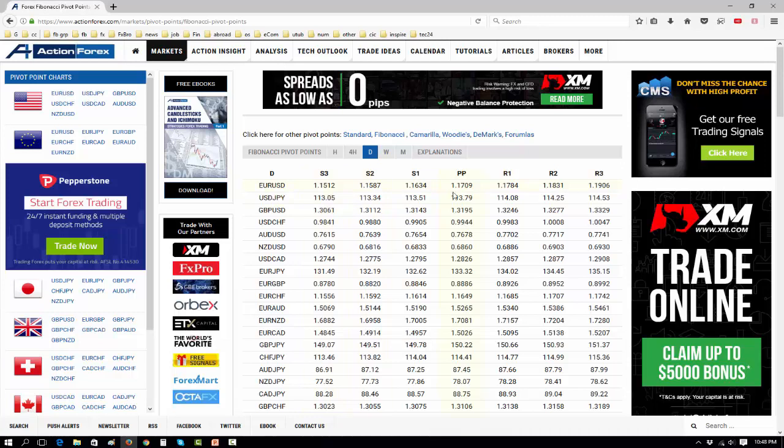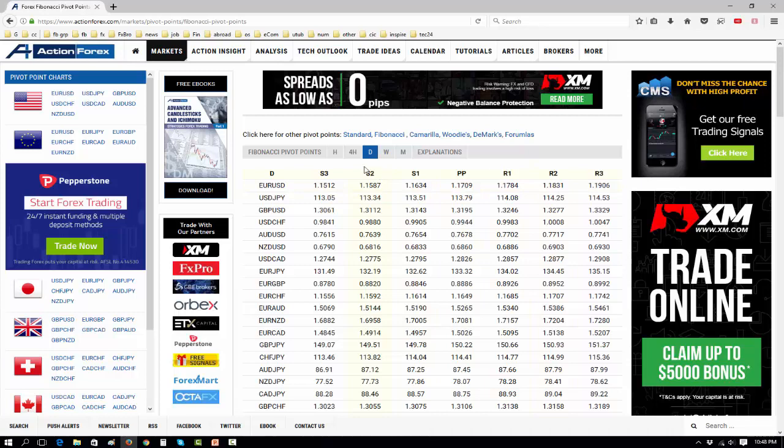That means if the market breaks the pivot point 1.1709 toward resistance 1, it will most likely go near 1.1784, and if it breaks resistance 1, then it may go to 1.1831.